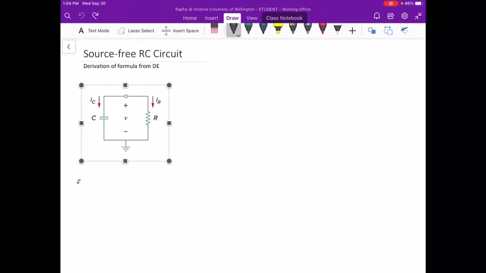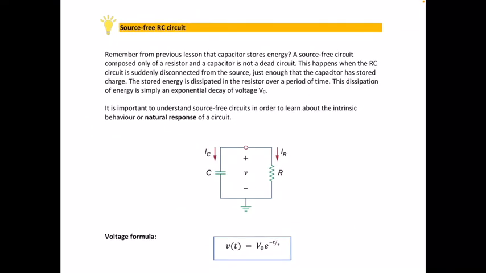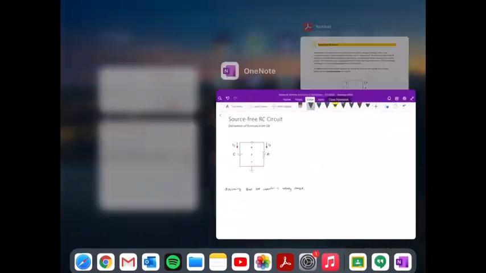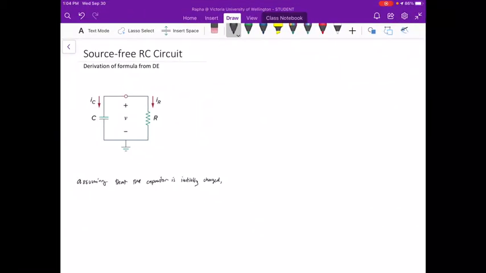Now, assuming that the capacitor is initially charged, as I previously said, just enough when the capacitor has stored charge. So our capacitor is initially charged.